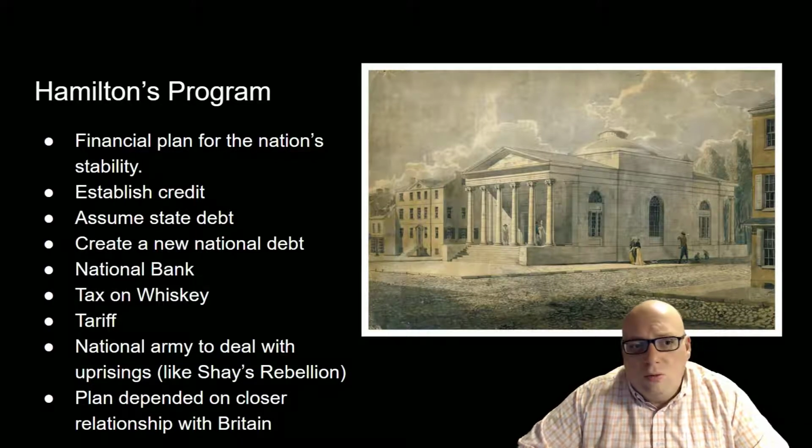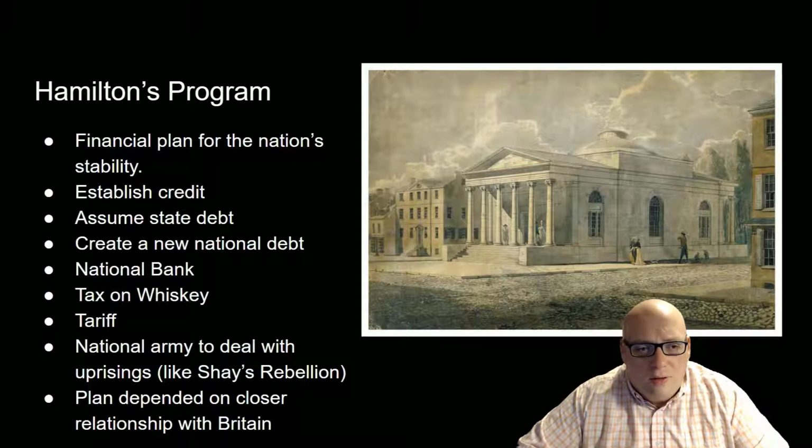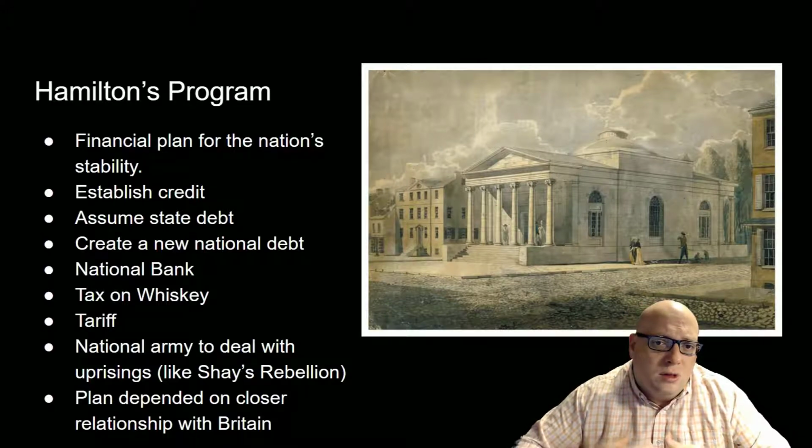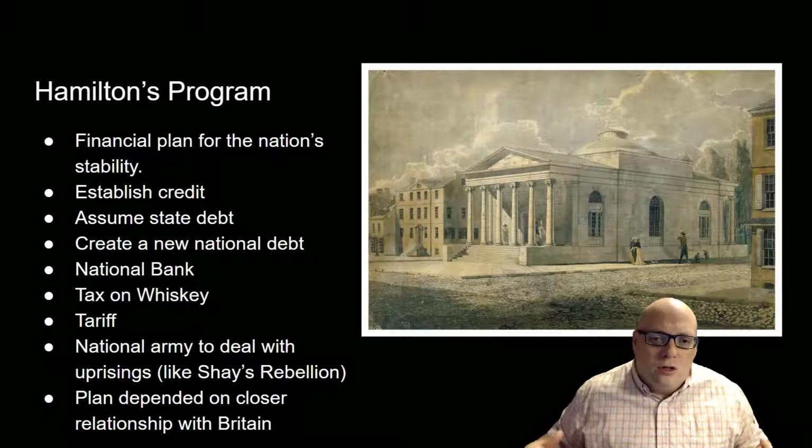Again, his idea would be to establish credit. One way he did that was to assume states' debt. Some states had debt, some states didn't. But if the nation were to assume the debt for the entire country, the idea would be that then the entire country would be vested in the welfare of the nation.